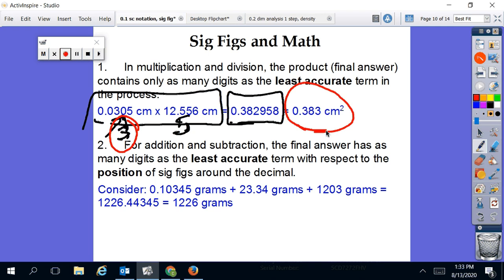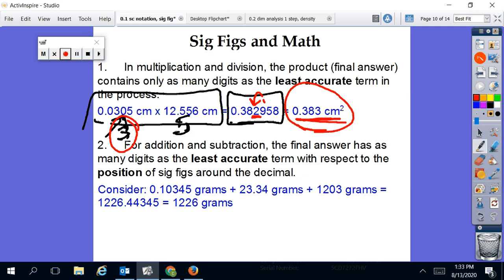Now, you got to remember when you cut it to those 3 significant figures, you need to look at the next number to see if you have to round up or down. And since 9 is greater than or equal to 5, you take that 2 and round it to a 3, making it 0.383. Okay? So in multiplication and division, you're just counting each thing you're multiplying or dividing, counting the number of sig figs, and whatever's the lowest number, which happened to be 3 in this case, you make the answer that number of sig figs.